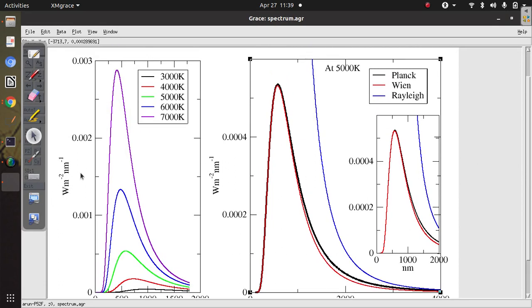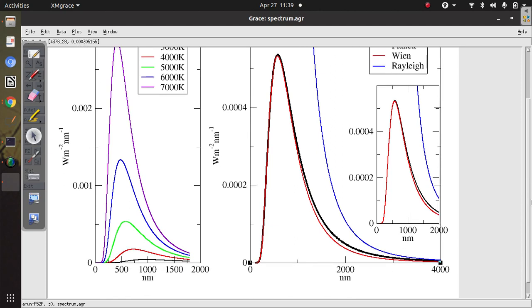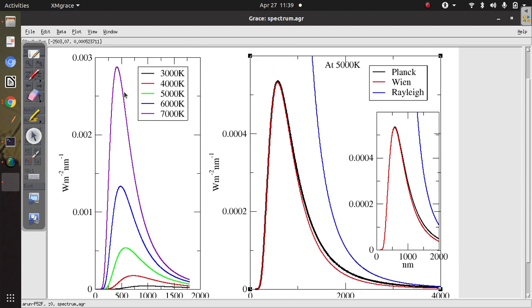Here this is Planck's law for different temperatures that I plotted. When I plotted Rayleigh-Jeans, Planck's law and Wien's law at 5000 Kelvin, this black curve is basically Planck's distribution law, and the red curve corresponds to Wien's law.